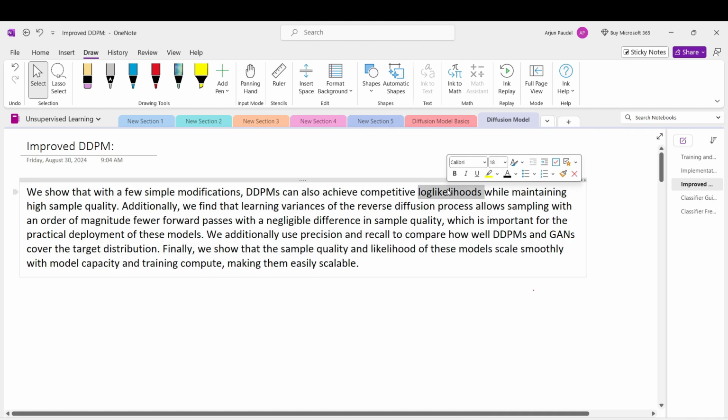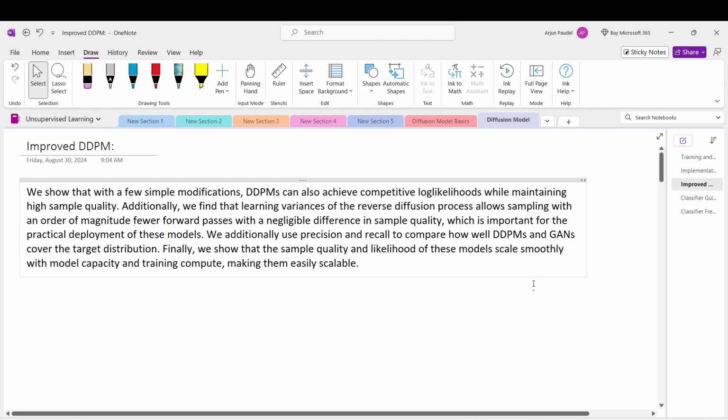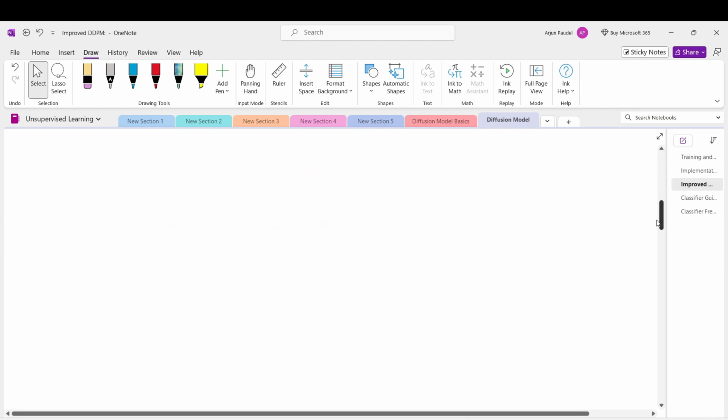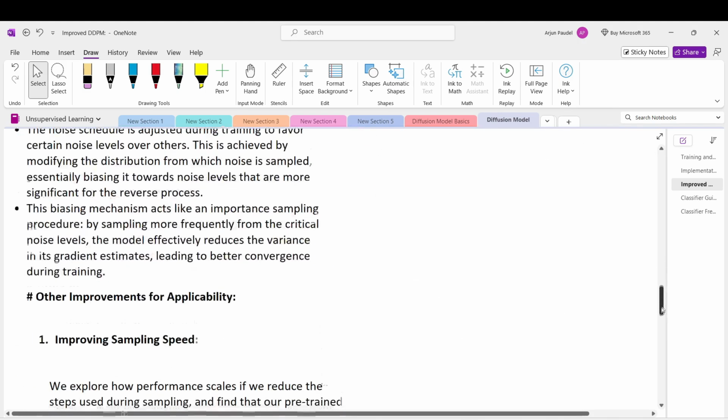This measure is a very good proxy of the mode coverage, and how well the model covers the overall data distribution. They try to improve this log likelihood metric, and this is the main goal of this paper.